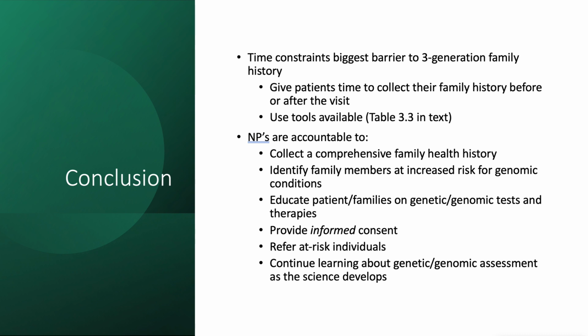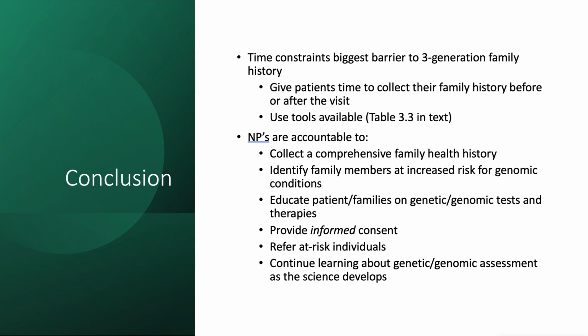What are NPs accountable for? To collect a comprehensive family health history as part of an overall health assessment. To identify family members at increased risk for genomic conditions by the red flags. Educate patients and families on genetics and genomics tests and therapies.